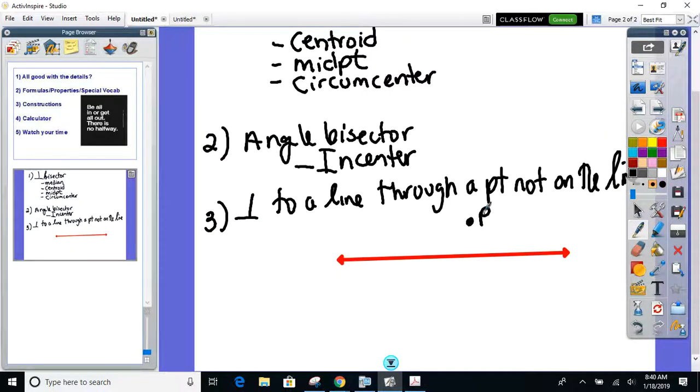So can you draw a line perpendicular to this one but going through P using your compass? Yes, that will lead you to how to do an altitude. That is the same construction you would perform if I asked for an altitude to be drawn.